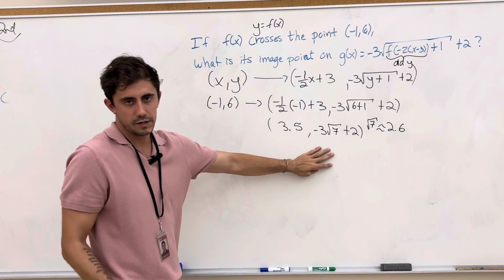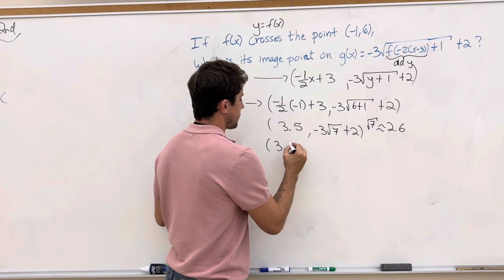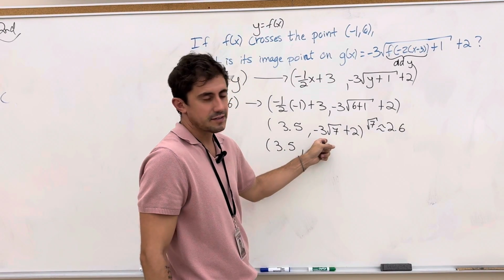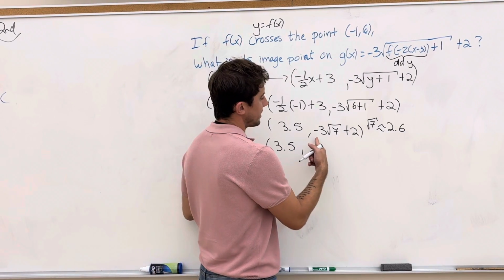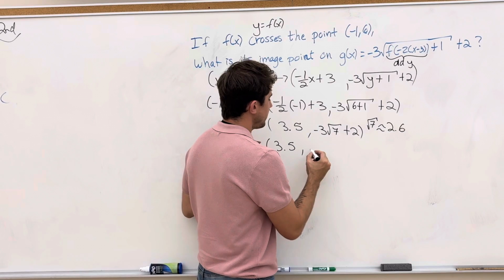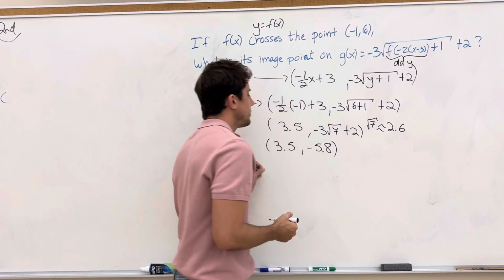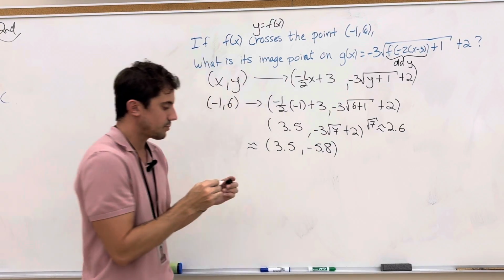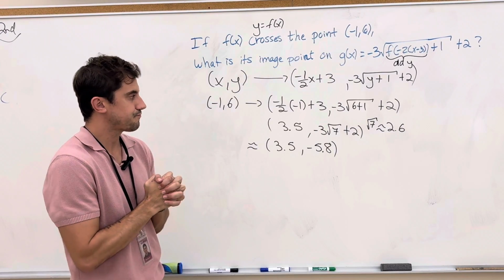So if we really want some decimal approximation, we could make this point be at (3.5, ...). 2.6 times -3 is roughly -7.8. So -7.8 plus 2 is roughly -5.8. And so this would be our decimal approximation for the image point of (-1, 6).